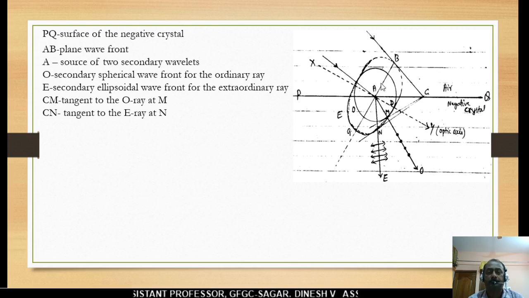Here CM is the tangent drawn from the point C to the point M on the ordinary wavefront, and CN is the tangent drawn to the point N on the extraordinary wavefront.